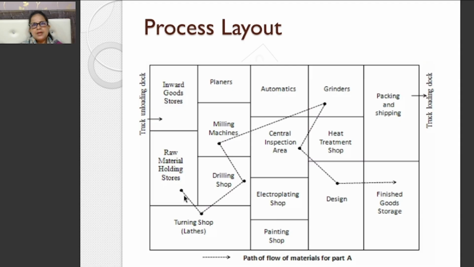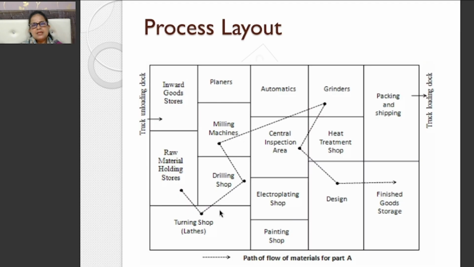But in case of product layout, what happens? If one machine is not working, then the whole production stops. But in process layout, same types of machines are arranged in groups. If one machine is not working, then we can take the help of the other machine to go for producing.